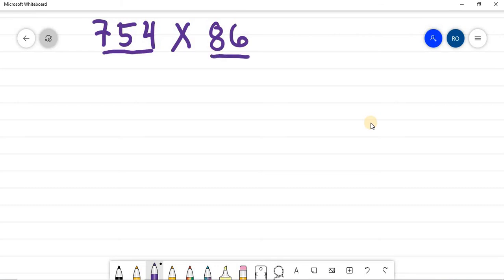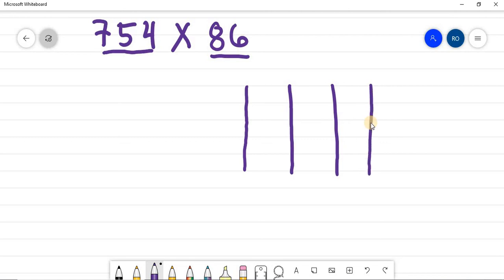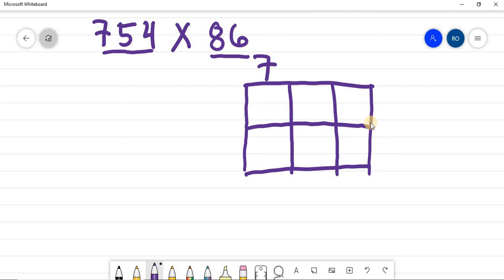We're going to draw a box containing 3 columns and 2 rows. Now let's write our multiplicand here, 7, 5, 4, and 86 here. Then let's draw a diagonal line across each box.